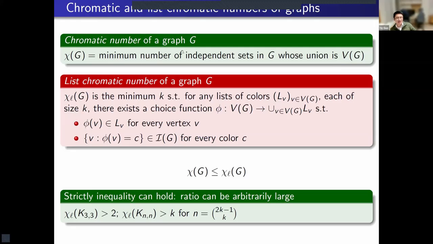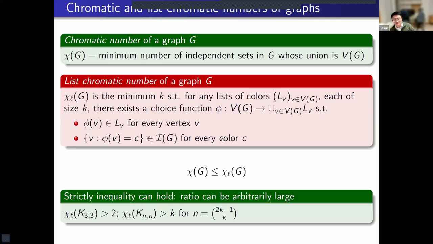And people also study the list chromatic number of a graph G. This time the list chromatic number is the minimum number K such that you assign a list to each vertex, and the list is of size K, so that you can choose a color from each list of each vertex, such that adjacent vertices do not have the same color.